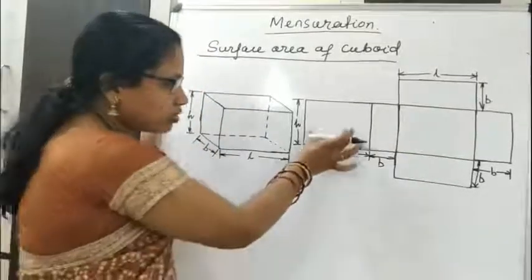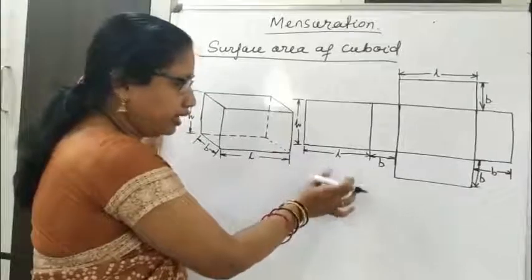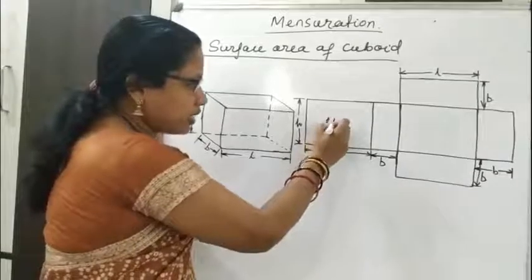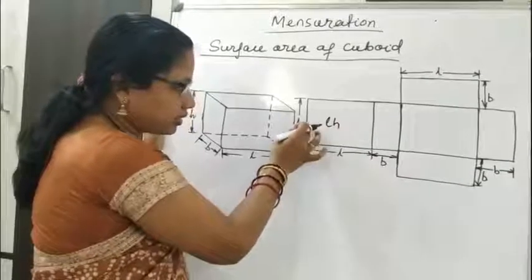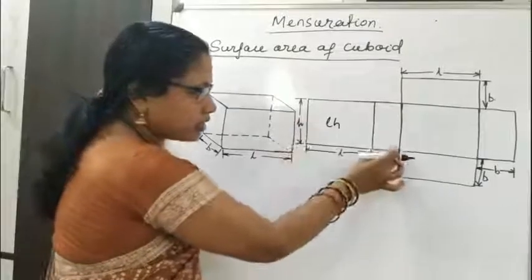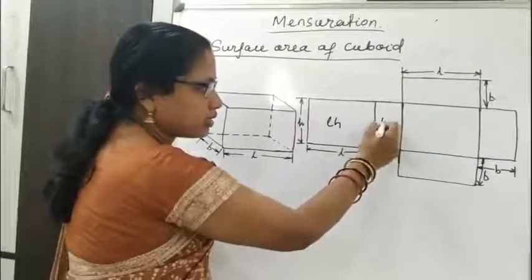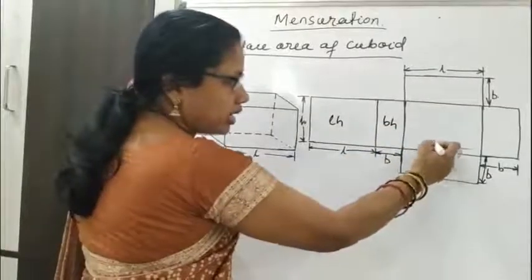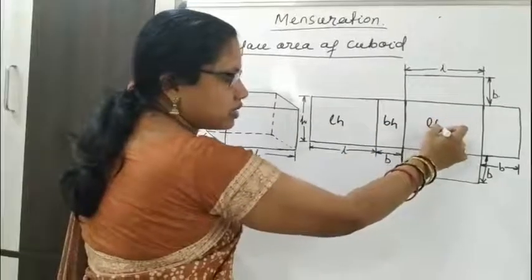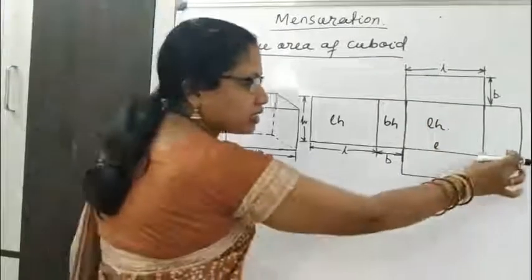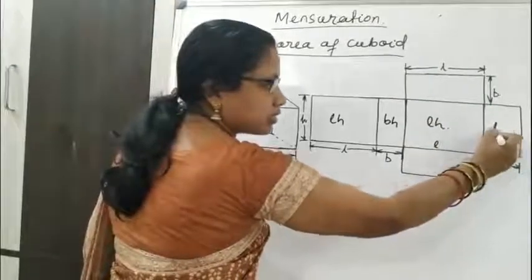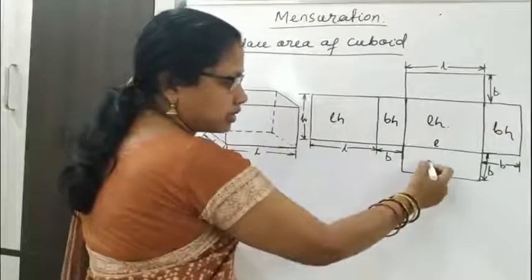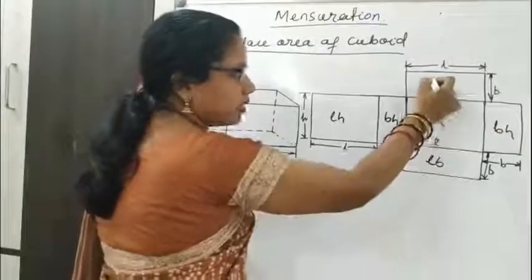This is our first surface. Its area is L into H, length is L, breadth is H, so LH. Here this is B, this is H, so BH. This is L and this is H, so this is LH. And this is B, this is H, this is BH, this is LB, and this is LB.